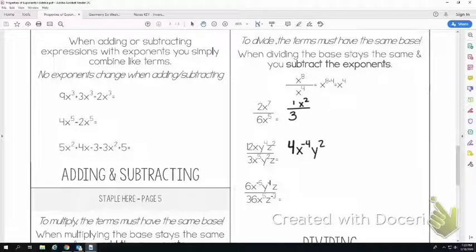And then z squared divided by z, 2 minus 1 is 1. Now I'm going to deal with the negative exponents, which is only the x. So this is going to give me 4y squared z over x to the fourth.